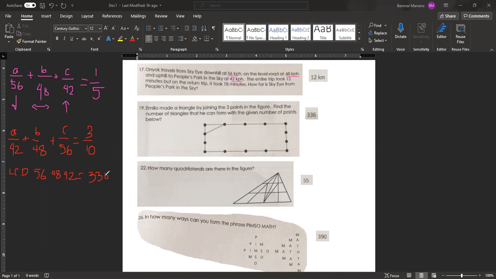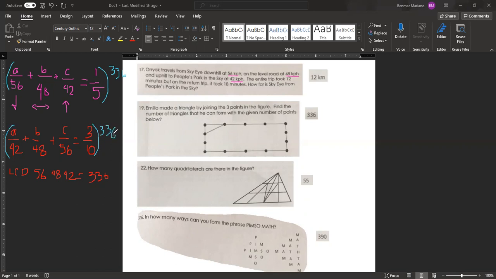Okay. Now, what we need to do with the LCD is to multiply the equations by 336. So we multiply this by 336, and also the second equation.